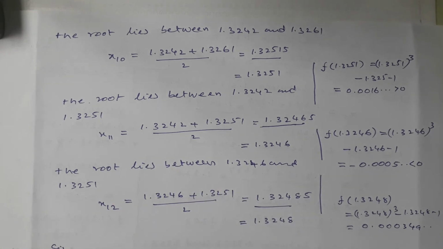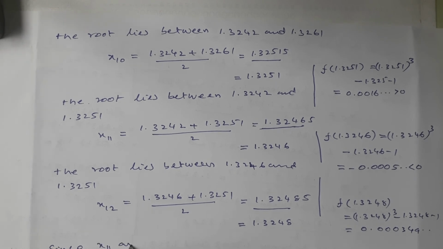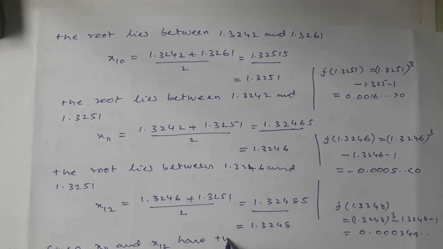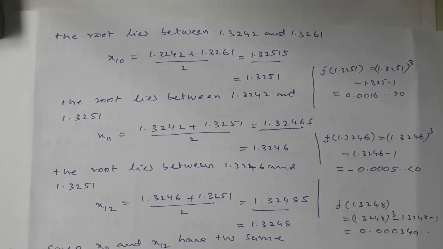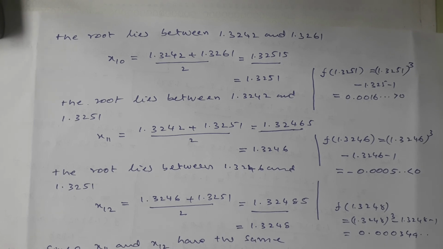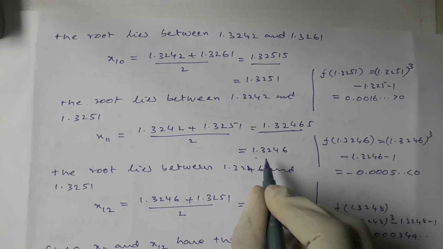I will stop the computations here, because when we see the last two iterations, x11 and x12 have the same values up to 3 decimal places: this is 1.324 and here is 1.324.